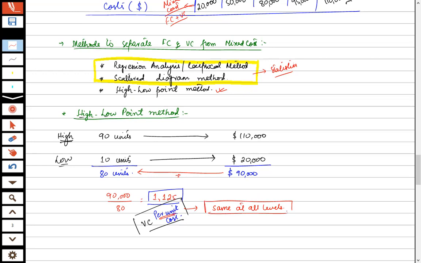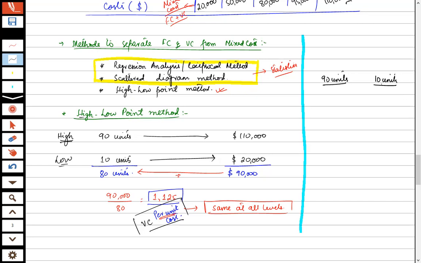Done? Clear till now? Any issue? Okay, great. Now again I am writing just our activity levels. That is 90 units and 10 units.